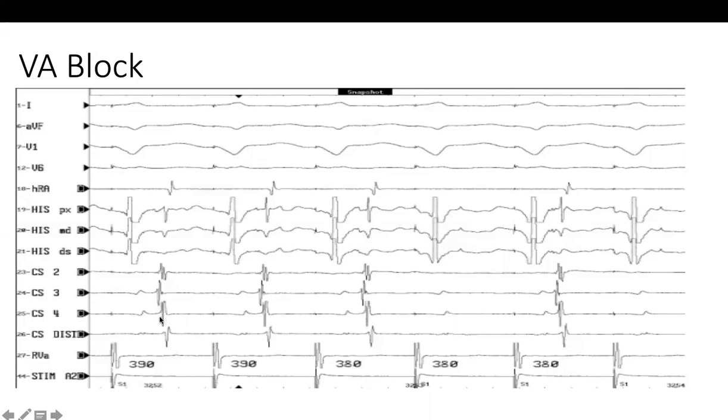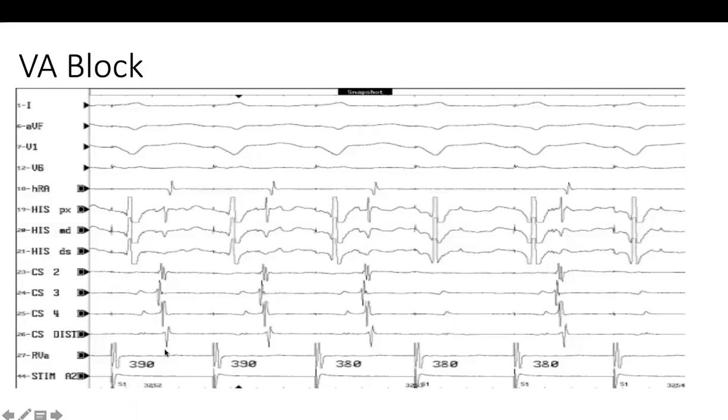Starting from this RV stimulus, the earliest activation is in the HIS, then we have the A. The A is at coronary sinus distal, then we come up to coronary sinus 2, then HRA. The first activation is in coronary sinus 2 and distally towards the left side.